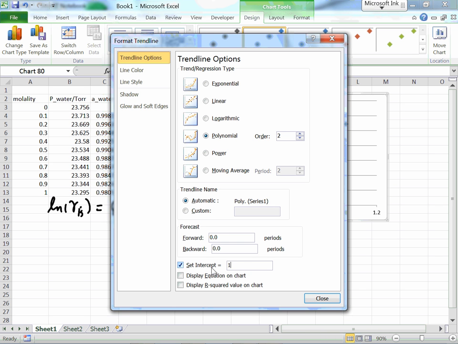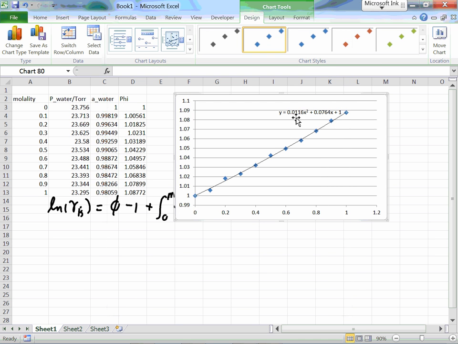You force your intercept to 1 because phi at 0 molality should be equal to 1. If you don't have that option, and you can force your intercept only to 0, as in older versions of Excel, you can plot phi minus 1 instead versus molality. Let's display our equation on the chart. And there's your equation right there. We're just going to use this equation.